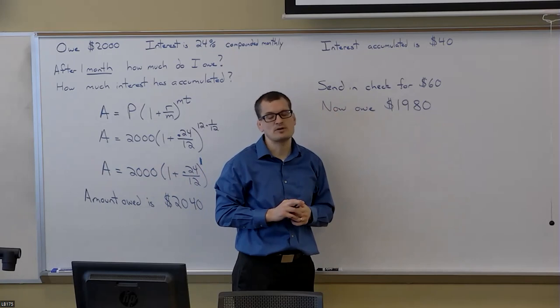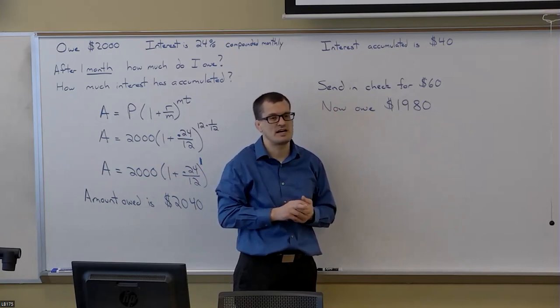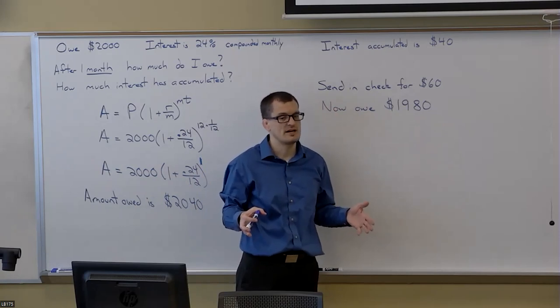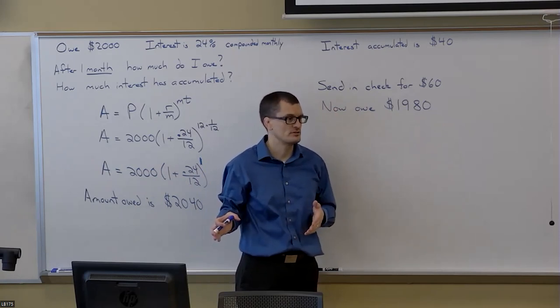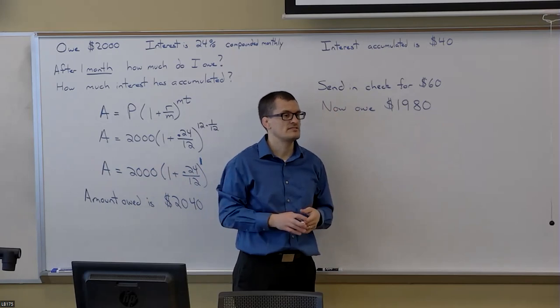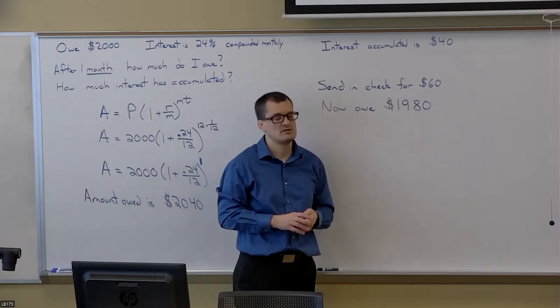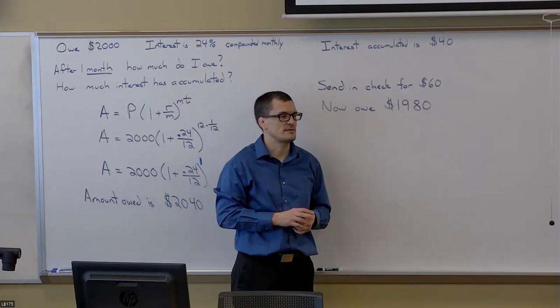And it's the same with houses. Oftentimes people will say, man, I sent in this check for $1,000 on my home mortgage, but it says I still owe nearly the same amount.